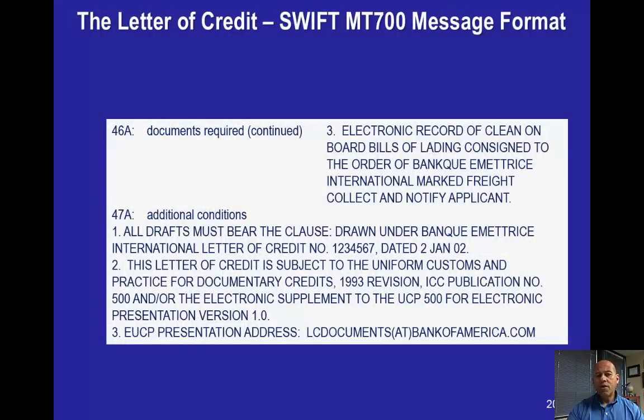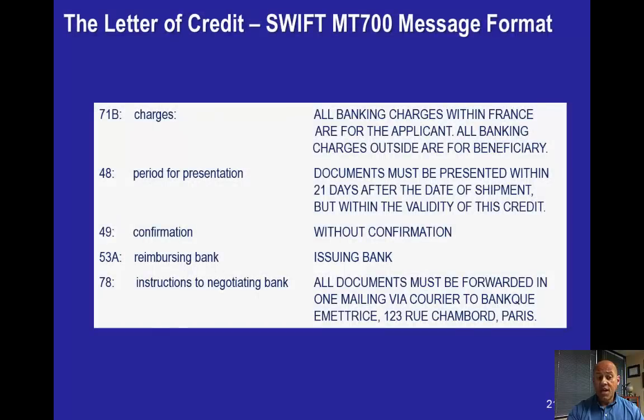And again, we go on with the different documents that may be required, and again, different shipments may have different documentary requirements. There might be other clauses and conditions that may affect the letter of credit. So this is part of the format of the MT700. Any changes?